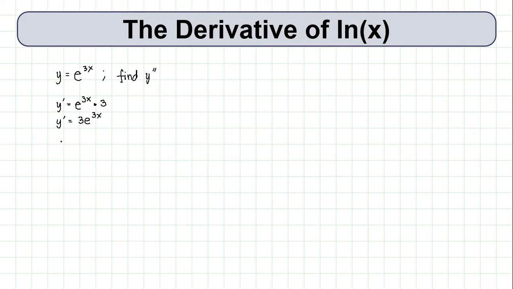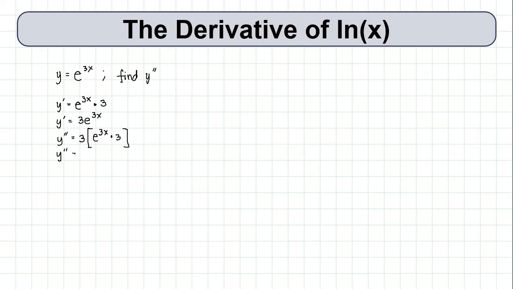Okay? Tapos, pag kunin natin yung derivative naman ng first derivative, ganun ulit. Y double prime is equal to 3 times the derivative ulit ng e to the 3x. So, ulit lang ulit. This will now become equal to e to the 3x times 3 na naman ulit.